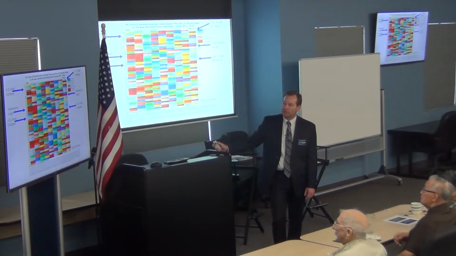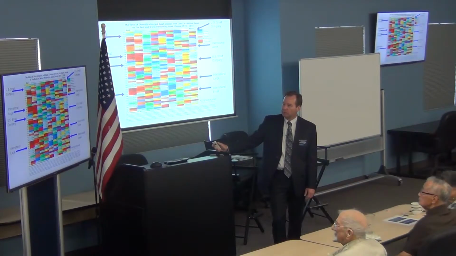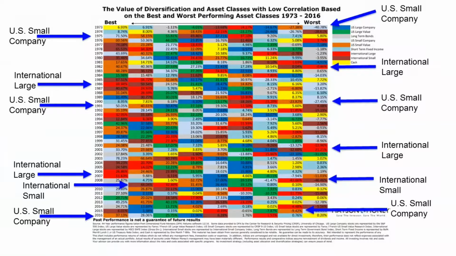U.S. small company, minus 27, and then plus 50. Minus 21 and minus 13 on international large, then plus 26 and plus 11. Minus 46 on international small, plus 48. And then U.S. small, minus 9 in 2015, and then plus 37 in 2016.